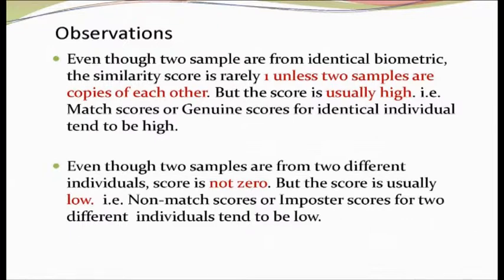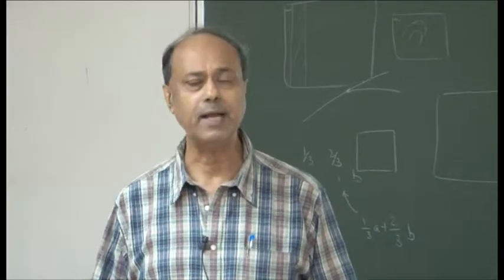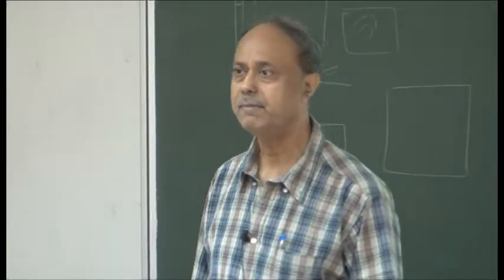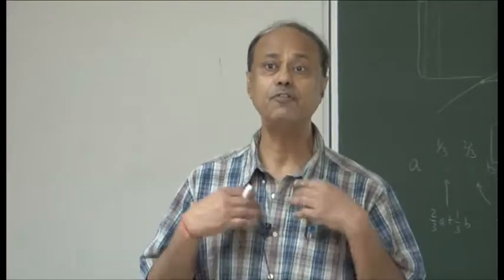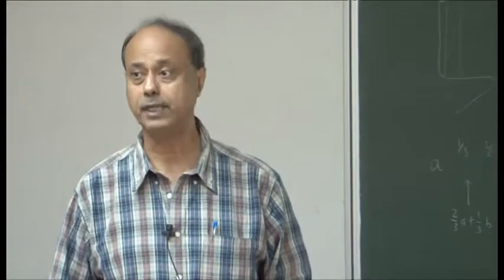If it is normalized lying between 0 and 1, I will tell the score is 1, because it is the same person who has given the data within 5 minutes, so my features should be such that all features are matched, and I should get my matching score 1. But it is not the case. You will get 1 only when the same photograph, the same image, has been used twice for matching.